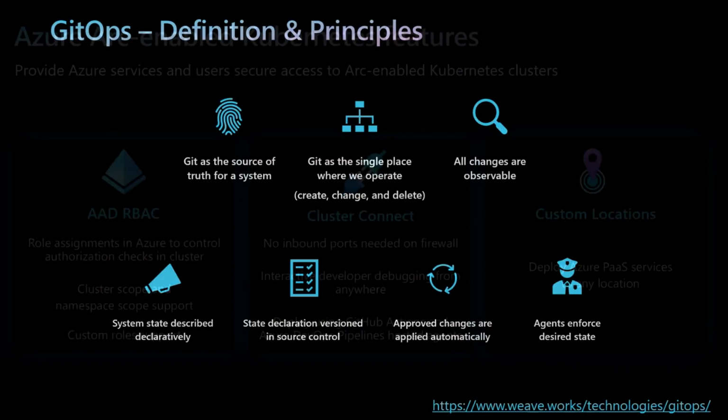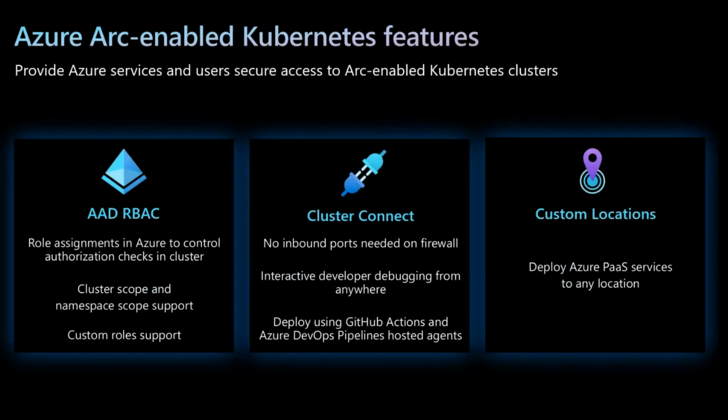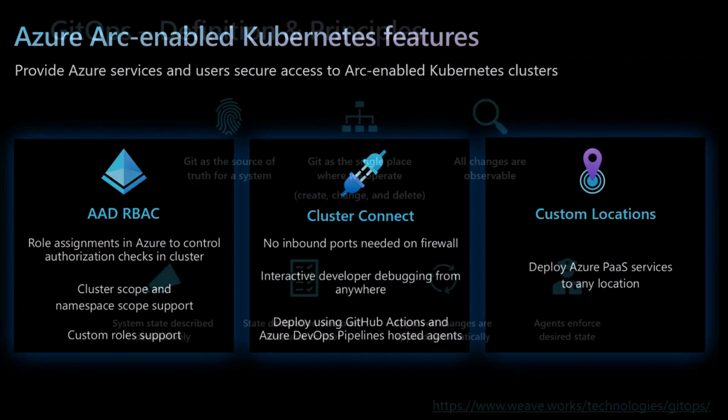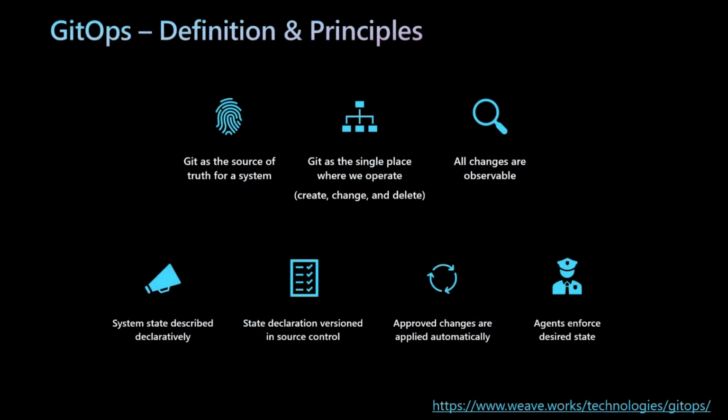Once you create a custom location, you can deploy many of these Azure PaaS services on top of that. So you have Azure PaaS services running at your on-premises data center without investing a lot in buying or creating a mini hub or mini Azure data center at your factory floor or at your retail stores.